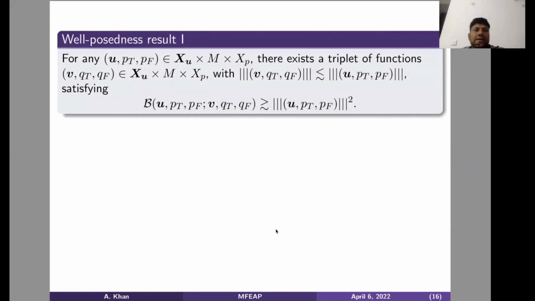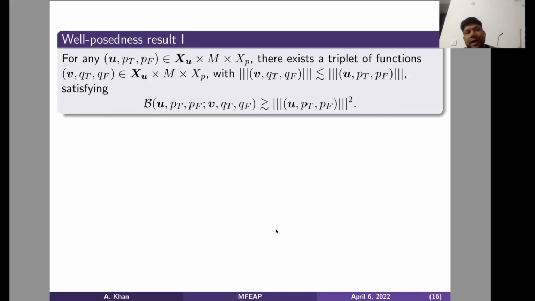So we'll first discuss a well-posedness result, where we will prove this beta stability for any (u, p_T, p_F) belonging to some suitable X_Q and X_P spaces, and we'll find the triplet (v, q, w, p_F) which satisfies this lower bound. This is one type of inf-sup condition. We can also write it in a different way.